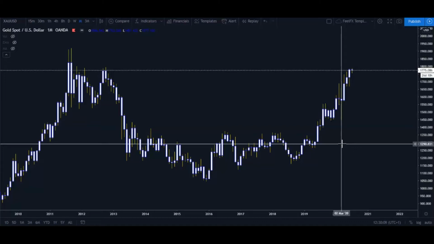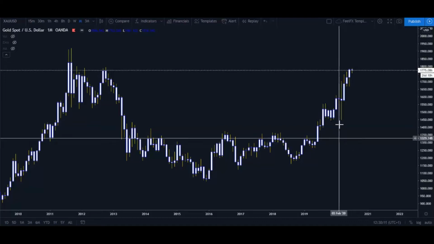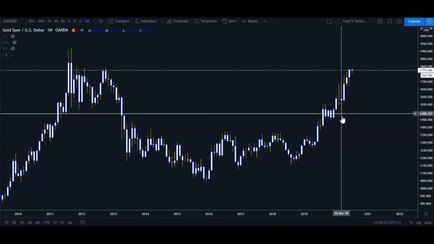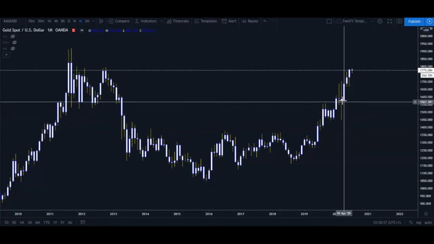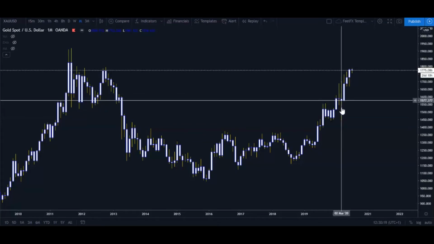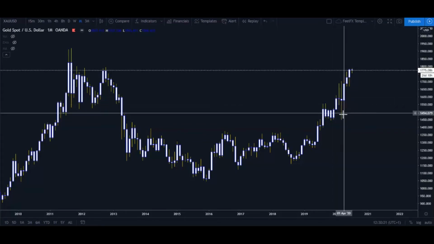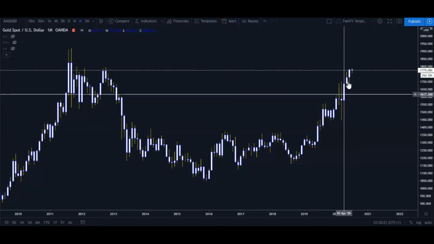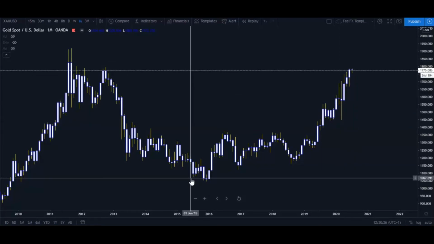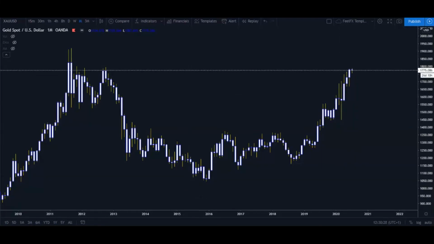As we can see, since the coronavirus, where my cursor is at the moment, there is such a huge spinning top candle, which basically pierced down and then brought us back again. So from here, guys, let's break down gold into its structures.